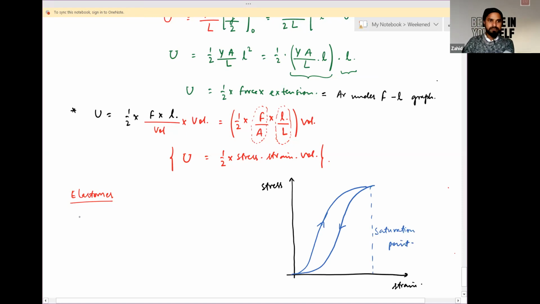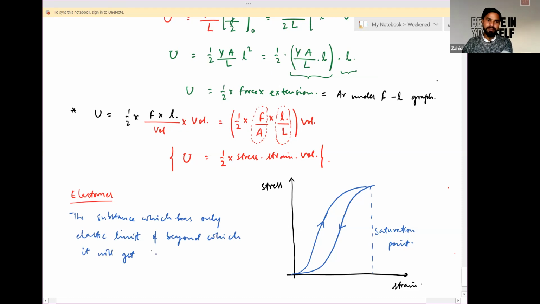So it is the substance which has only an elastic limit, and beyond which it will get fractured. It will be termed an elastomer.